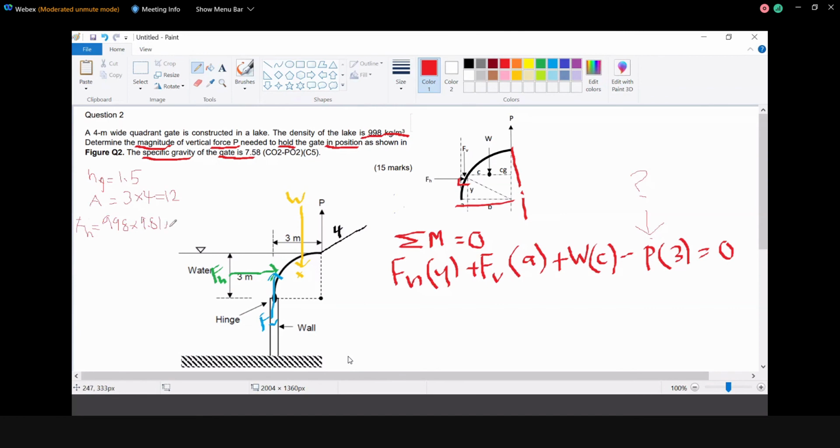Hg adalah 1.5 and the area is 12. Okay, what is the answer for FH? Can someone with a calculator help to calculate this one?